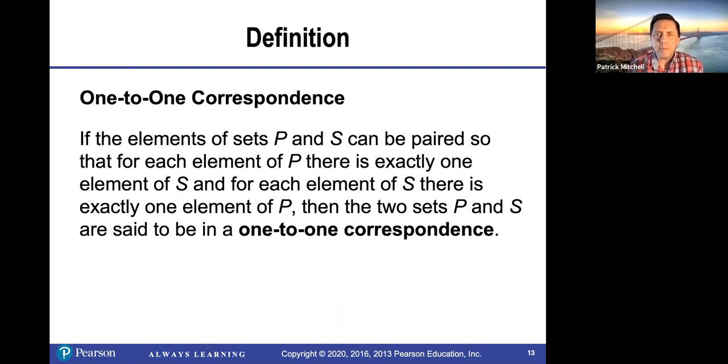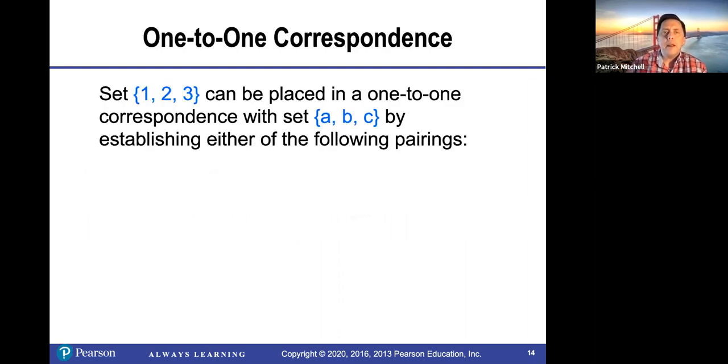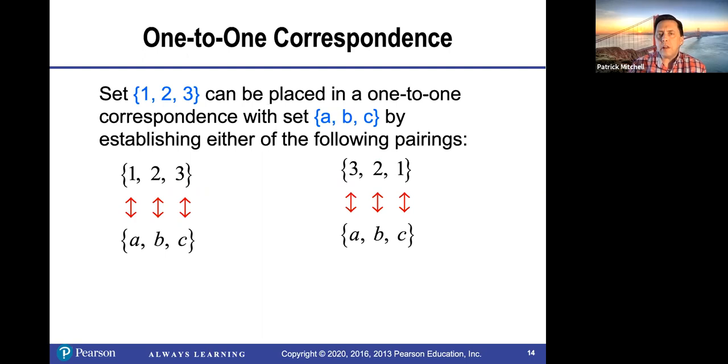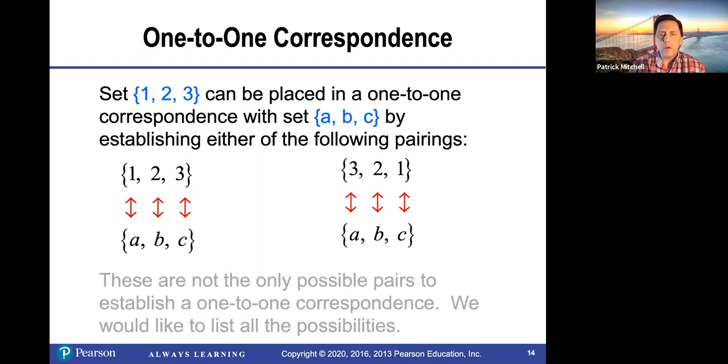And I think that'll make more sense when you see some examples, like this one here. The set 1, 2, 3 can be placed in a one-to-one correspondence with the set A, B, C by establishing either one of the following pairings. You could do it like this, you could do it like this, and there are a few other ways also. But either one of those will work.